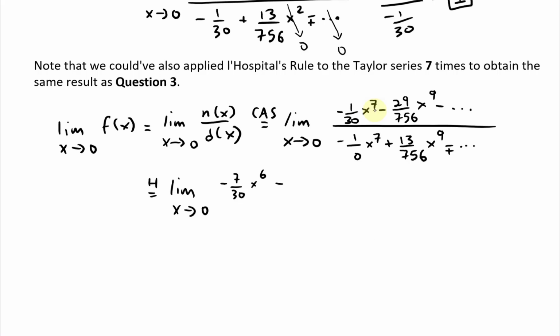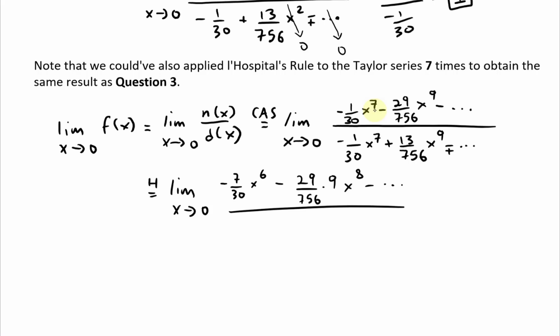And the next one's going to be 29 over 756 times 9, and then we have an x to the 8, like that. So you just multiply by the power and then subtract it, dot dot dot, and then divide this by the next one. This is 30. Don't know why that didn't copy.